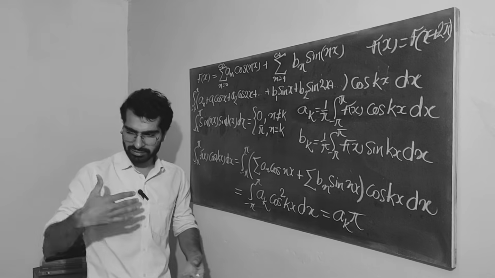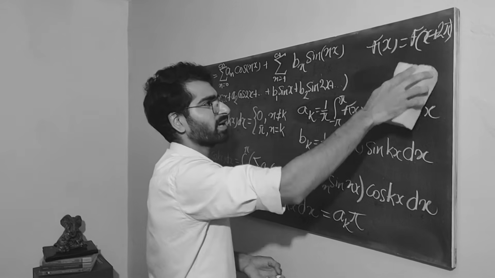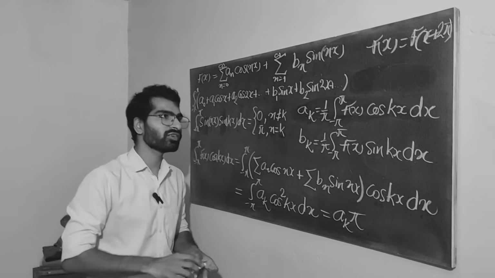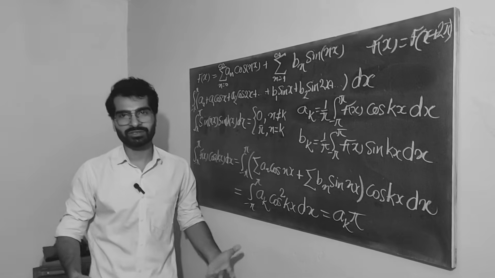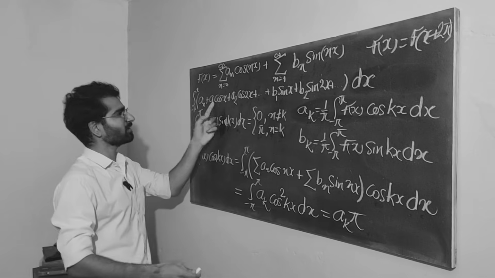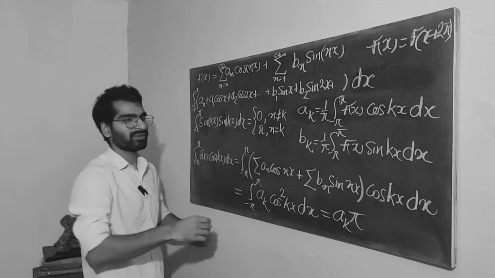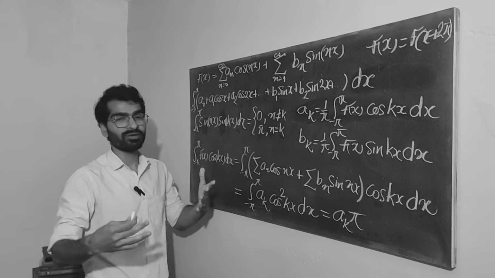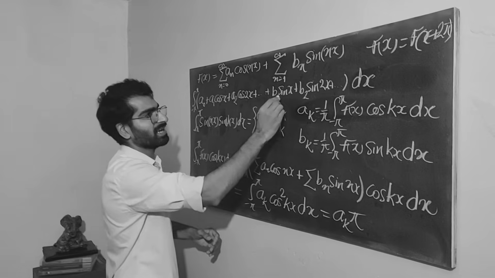And so it sort of suggests to me that I remove cosine kx and I just integrate this function. Just integrate it without cosine of kx. Because now, when you're going to distribute integrals inside, these cosines are left alone. They are left alone. And these are left alone.